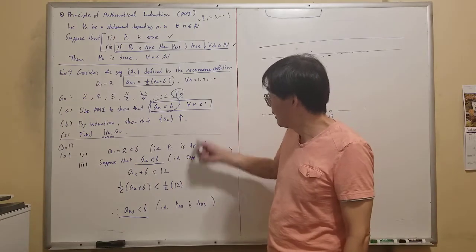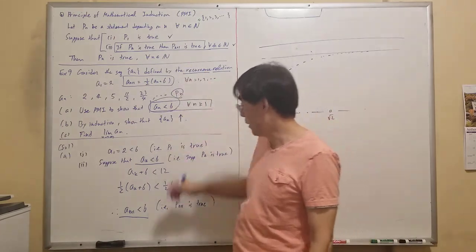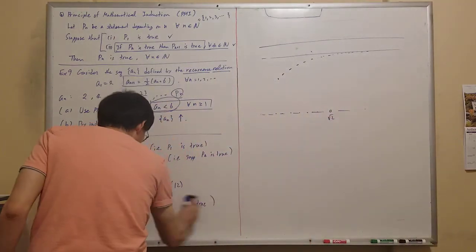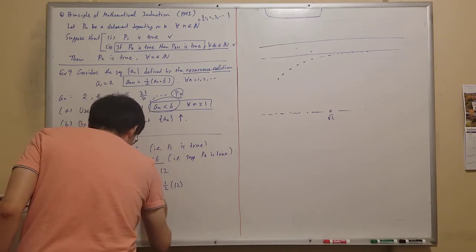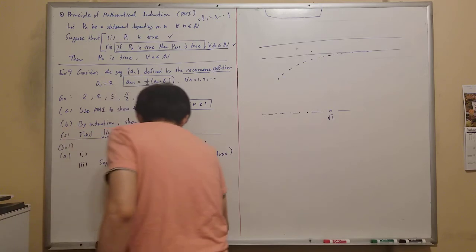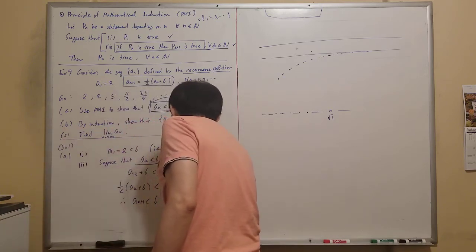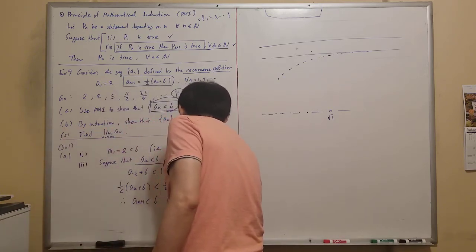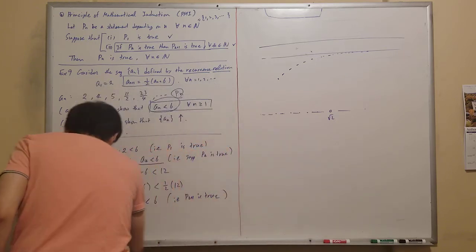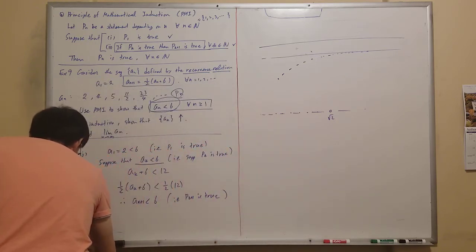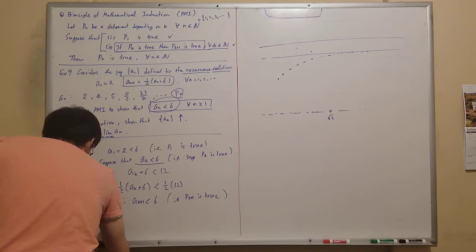Alright? See? That's how we use PMI. So you can conclude, therefore, Pk plus 1 is true. So you can conclude by 1, 2, and PMI.